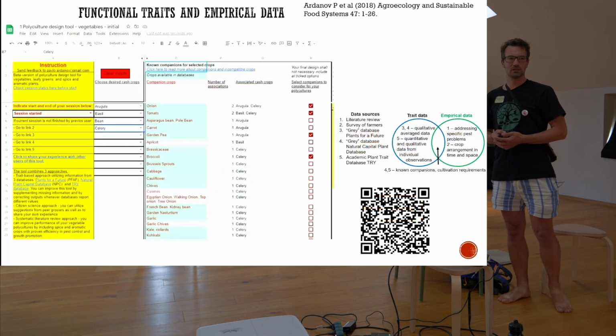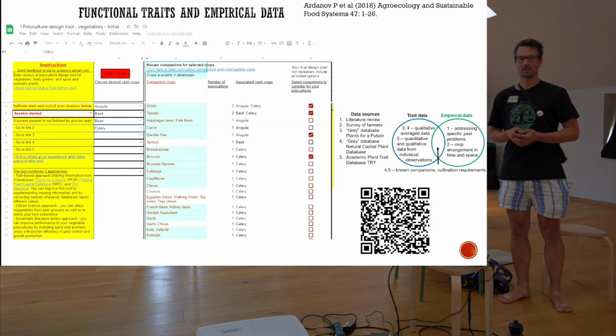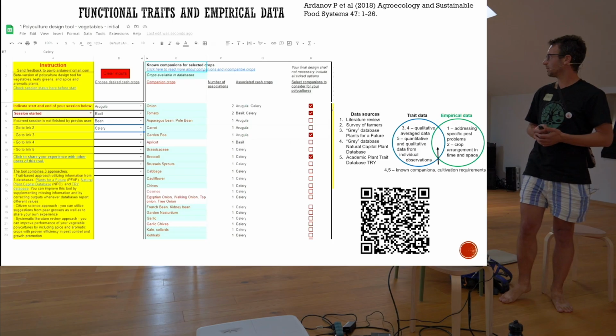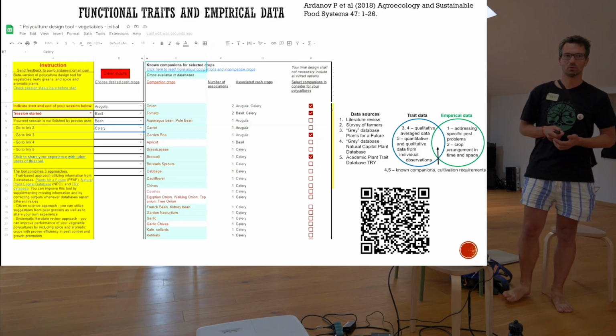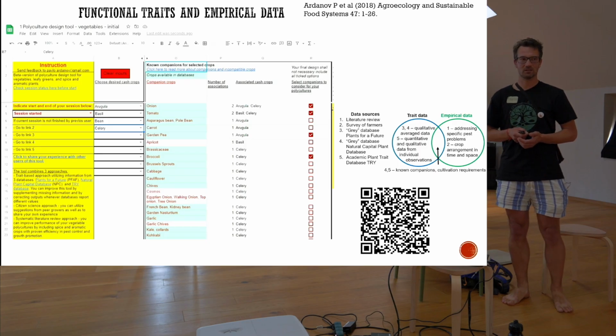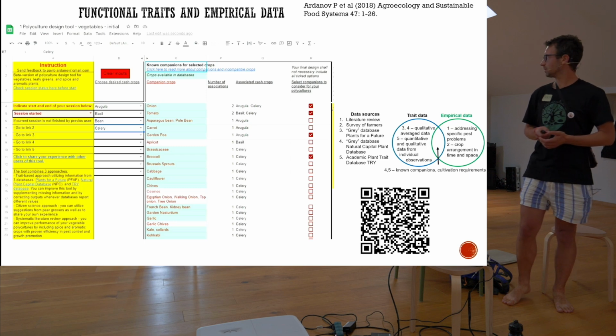This is the tool that I developed. It helps you to design polycultures with vegetables and spice and aromatic crops. So here I combined the trait-based approach and the empirical approach. First, for the trait-based approach, I took data from three sources, two databases which I think you are very well familiar with: the Natural Capital Plant database and the Plants for a Future database.